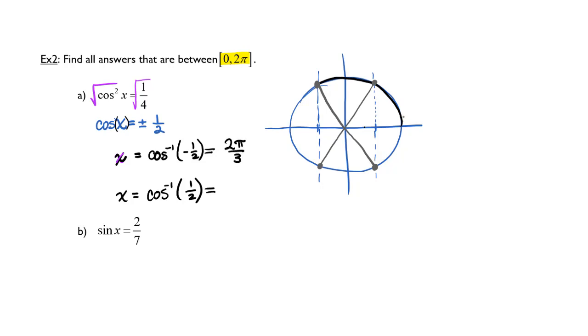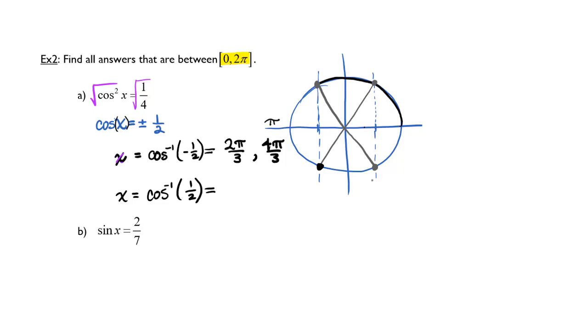And also, if we take pi and add pi over 3 to it, we will also have an answer in the third quadrant. So pi takes me to here, and then another pi over 3 would give me 4 pi over 3.